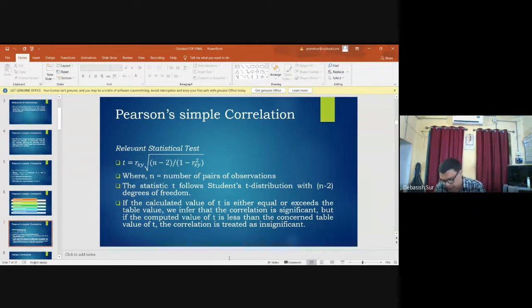Suppose a student of class 1 gets 90 in mathematics. This may not be considered as significant marks. Why? Because we all know that many students of class 1 get 97, 98, even 100.